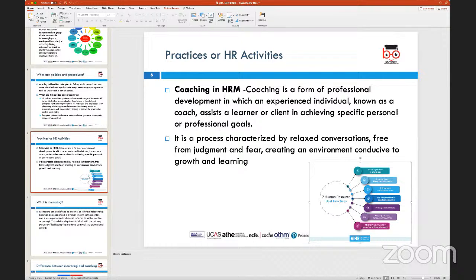Similarly, when we talk about coaching, what we are looking at is coaching aiming to produce optimal performance and improvements amongst employees within an organization. It focuses on helping you gain specific skills, which will finally allow you to achieve the goals which have been set by the organization for you and the organizations themselves.